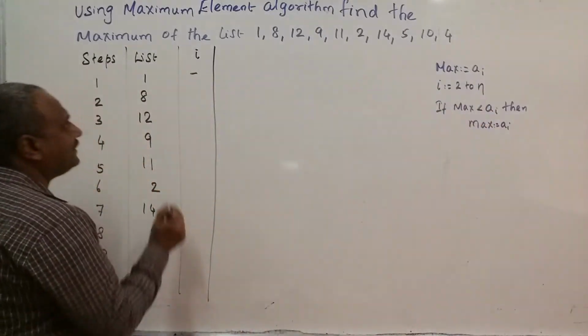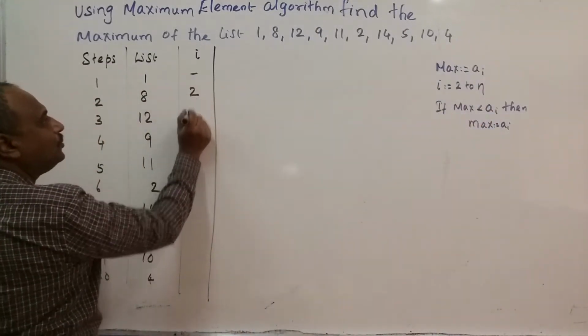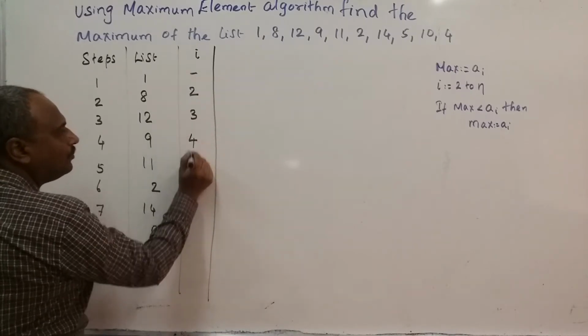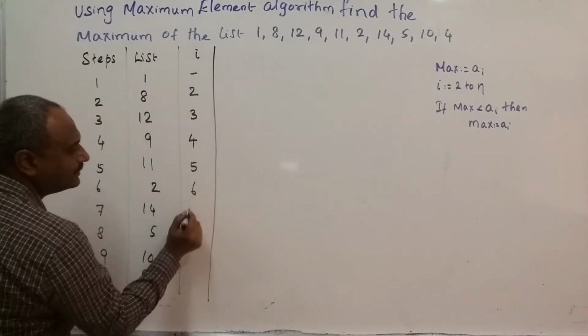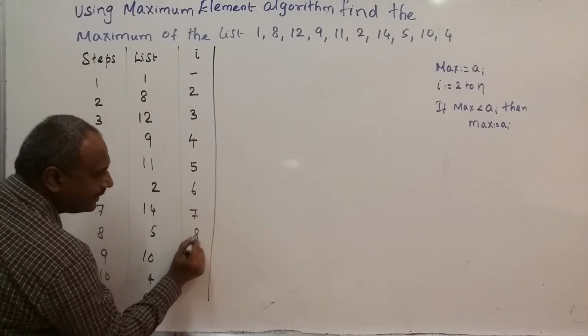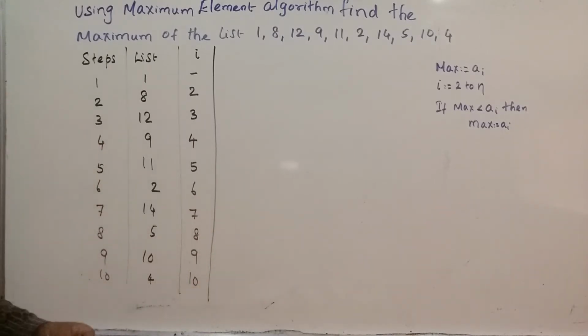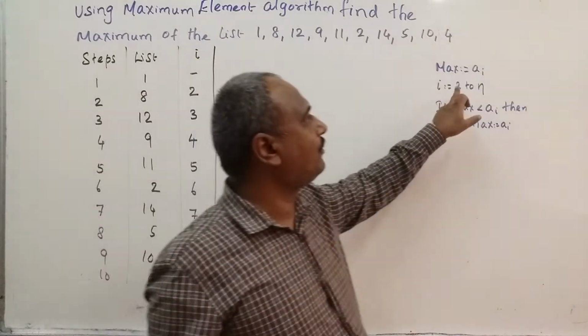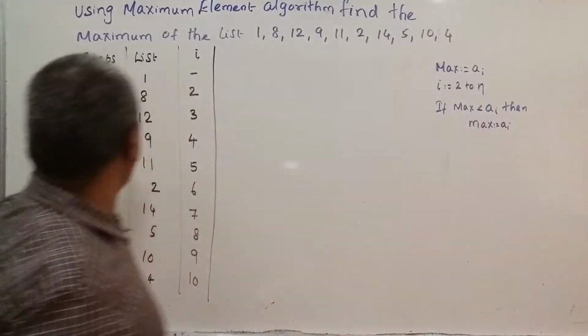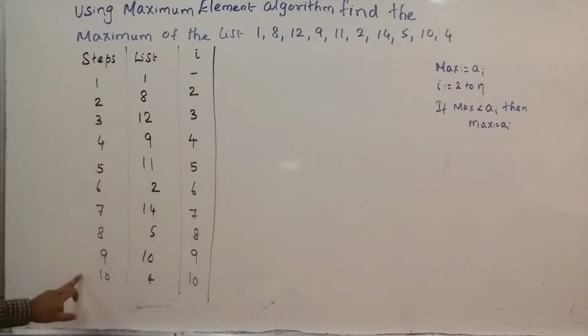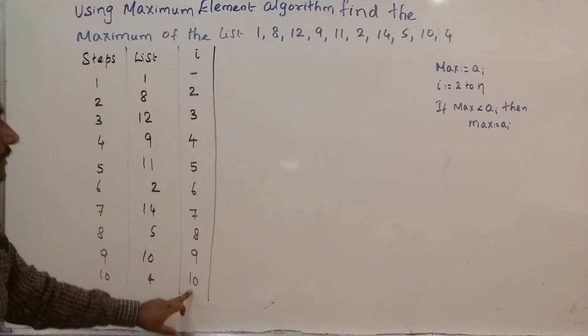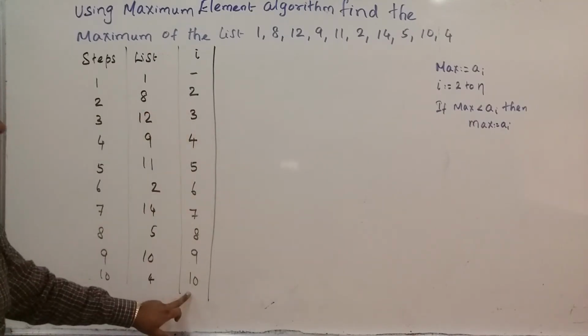So I am going to take the I values 2, 3, 4, 5, 6, 7, 8, 9 and 10. What is the nth value? 10. So I is going from 2 to 10.